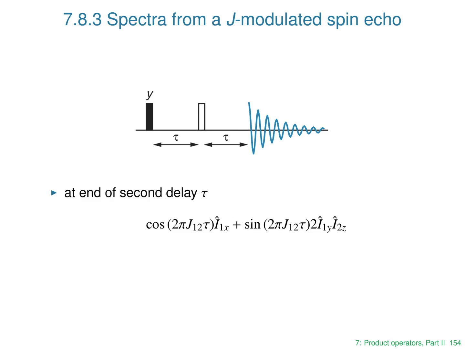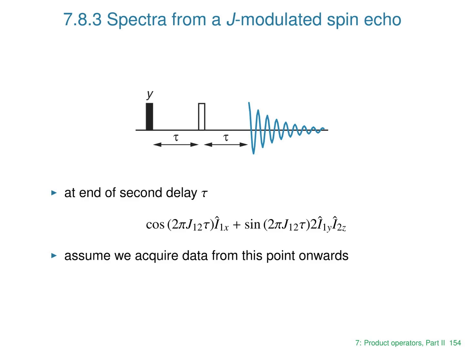Now, of course, the 90 degree pulse, which I've indicated is about y, will generate x, and we've already worked out what happens to I1x. If you put a spin echo on, you get an in-phase term times I1x, and you get an antiphase term 2I1yI2z. One is cosine modulated, and the other is sine modulated.